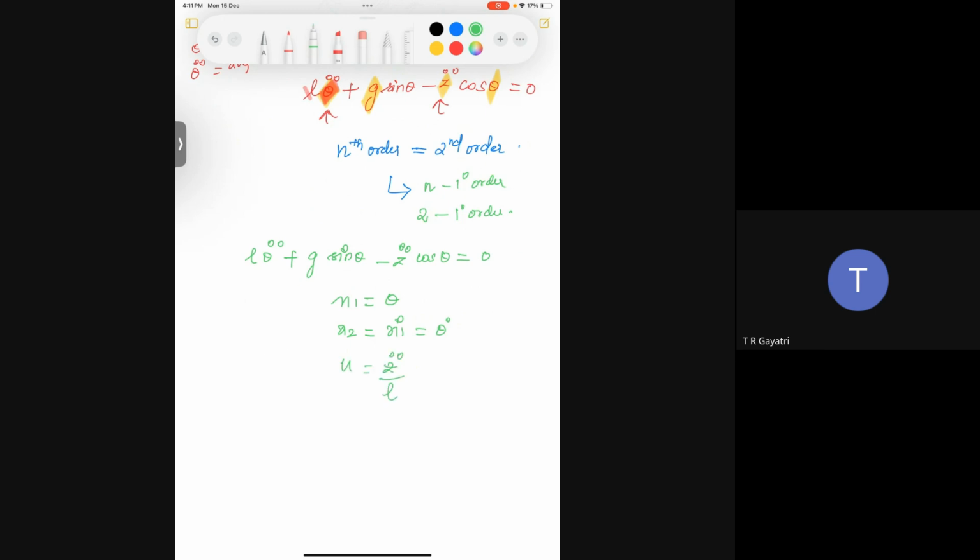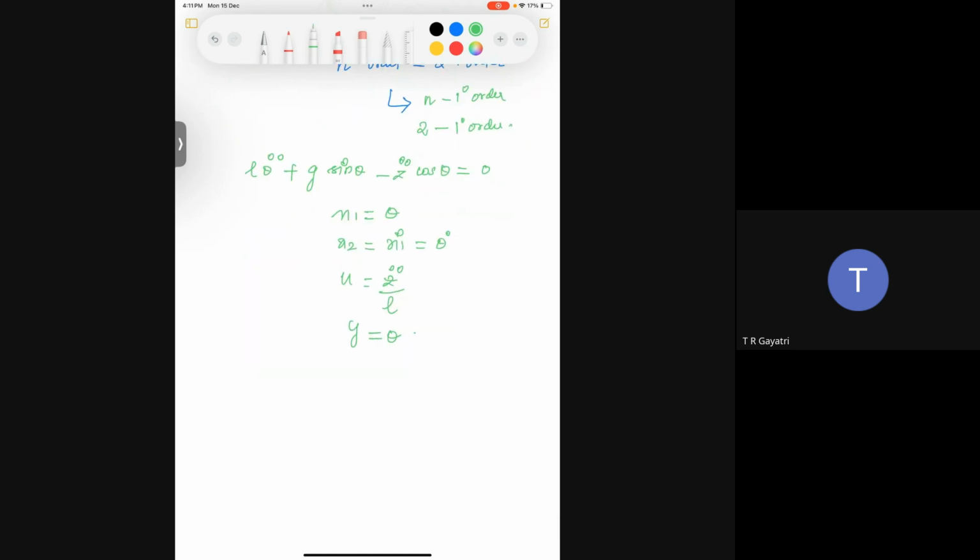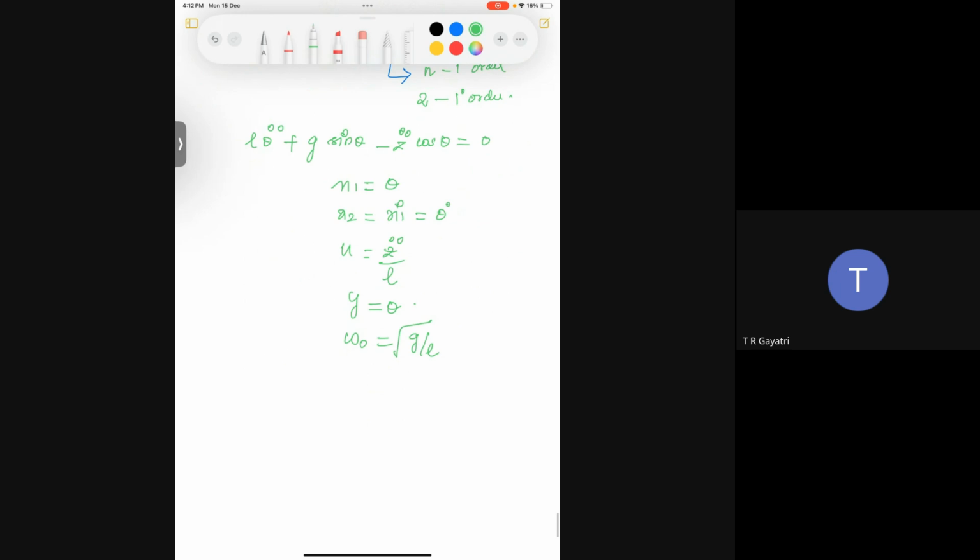They are taking z double dot by L as u, that is the input, the acceleration input you are giving. y equal to theta. y is another variable. For converting nth order to n first order equations, we use this. And they are defining another term to simplify, that is root of g by L. This will be useful when we define the equation. All this information has been given in the question.